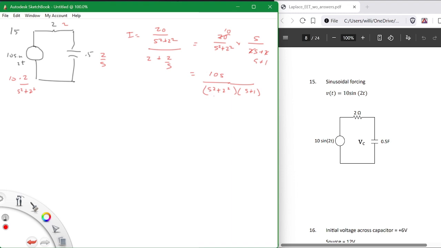You can, but really it's equal to, yeah, you're right. It's pretty straightforward. It's equal to A over s plus 1, plus K over s plus 2j, plus K star over s minus 2j.